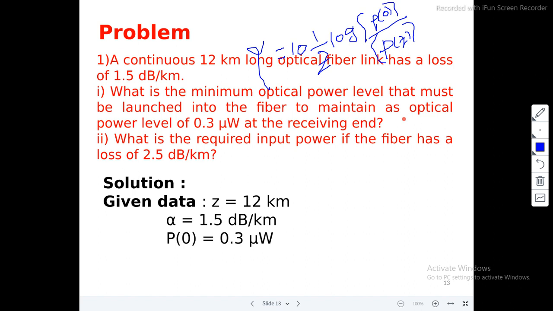So what is given? Alpha is given as 1.5.